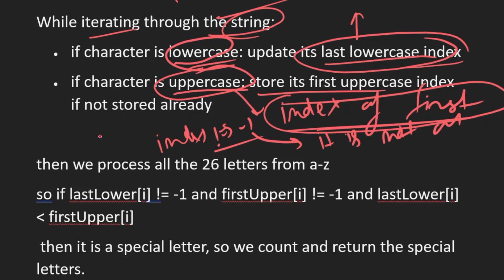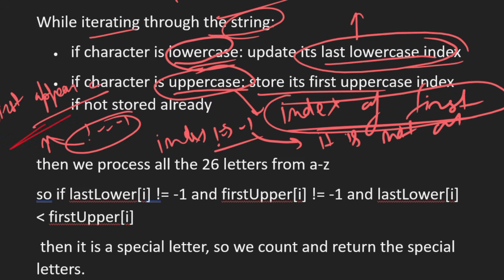But if it is not equal to -1, this character has already appeared, and now it is appearing again. So we don't store the index this time, because we need the index of first appearance. We need the index where this character appears first, right?